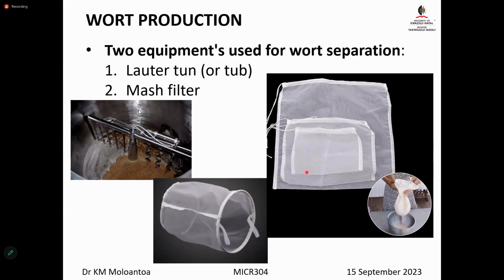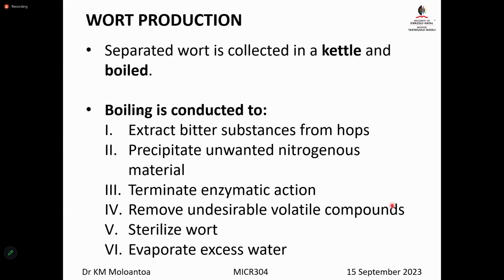However, this is how the traditional mash filter looks like. So you open this and then you add your grain inside the mesh. It's more like a bag and it has an opening, where you add your ground malt, and then you dip it into the water. This must be all the way into the water before you adjust the temperature to 68, as we discussed during the mashing part. All right.